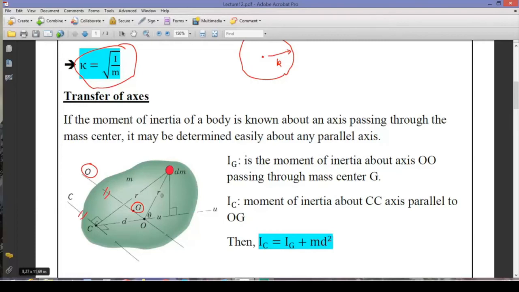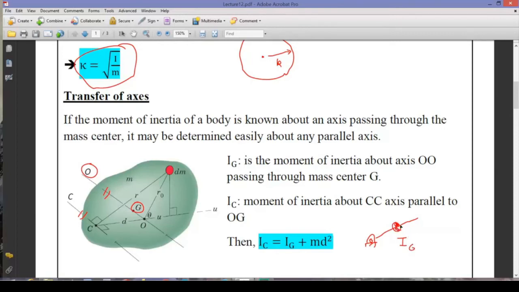A classical problem about this is in robotics. For example, if you have a single link, a rotational link like that, and then this link is a bar, which is a rigid body, and its mass center is around here, and then you calculate the mass moment of inertia with respect to the axis going out of the board, but at this point of the mass center.